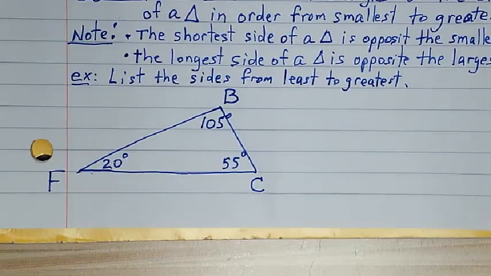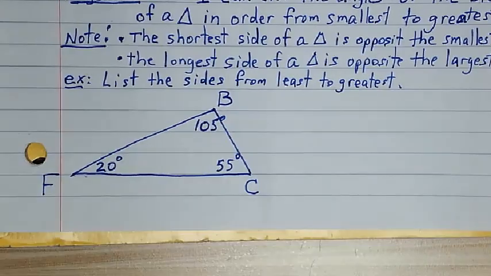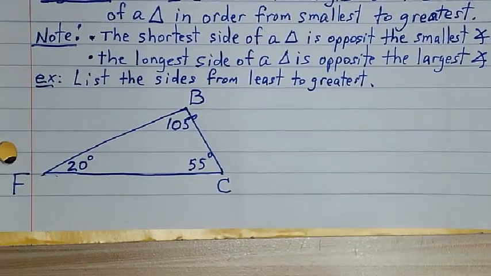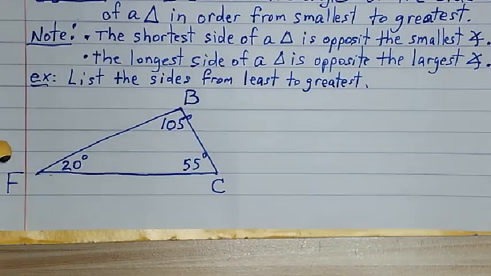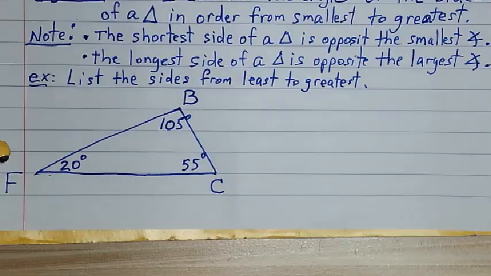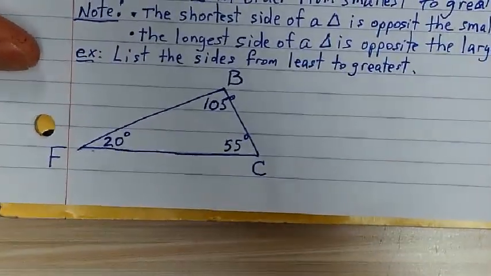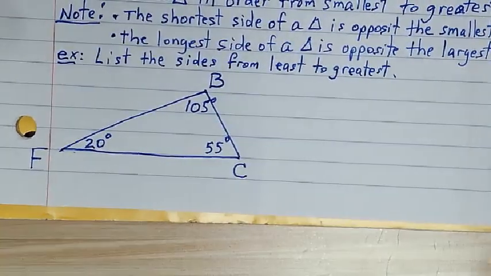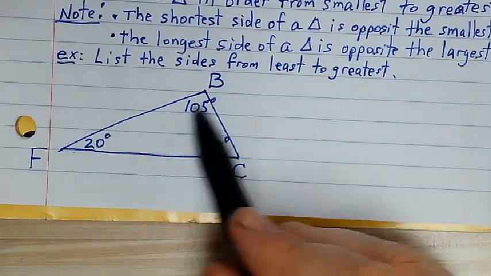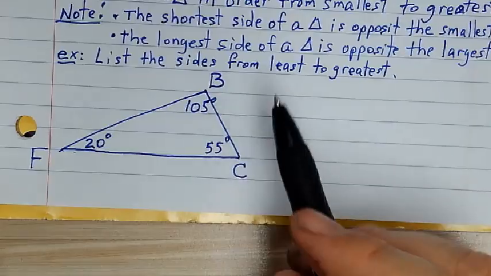So if I want to list the sides from the shortest side to the longest side, that depends on its opposite angle. Since I'm looking for the shortest side, we go by the numbers. Which is the smallest angle, F, B, or C?